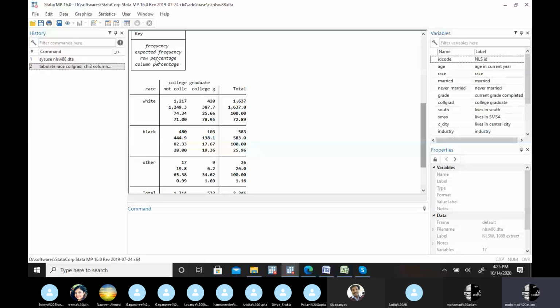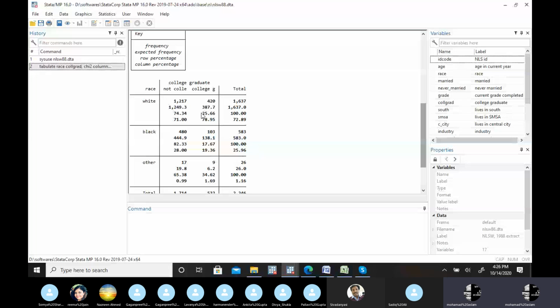Then this third one is the row percentage. It means that out of this total of row, for white, out of that, 74% are not college graduate and only 25% are college graduate. This is the row percentage.